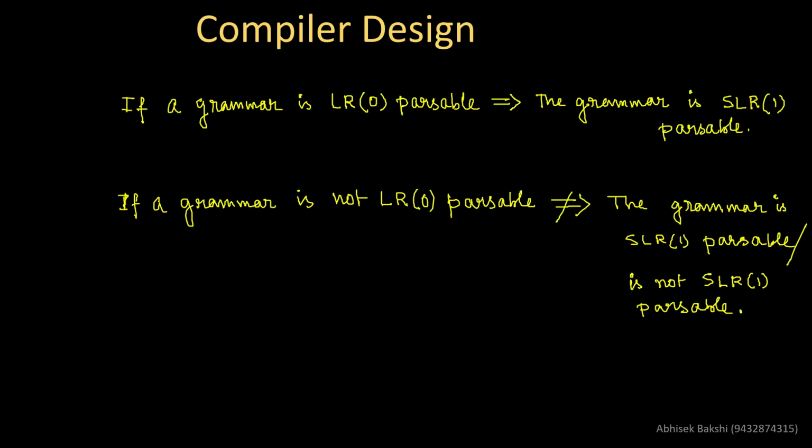Suppose both options are given, LR0 parsable and SLR1 parsable, so you have to select one or both. If you find that it is LR0 parsable, then you don't need to draw an SLR1 table, because from the observation we have seen that if I am able to draw an LR0 parser, I can surely draw an SLR1 parser. But if you find it is not LR0 parsable, then you have to check separately. You have to modify the table according to the SLR1 logic, and then you can check whether any conflict occurred or not.